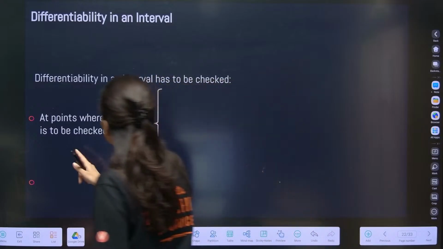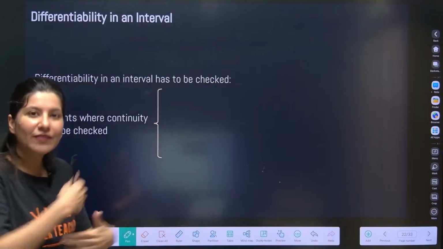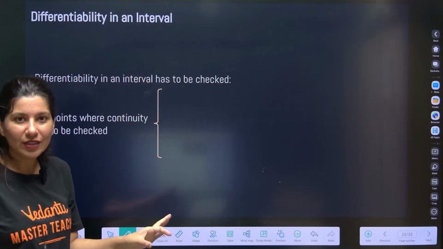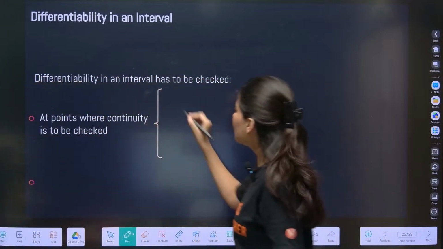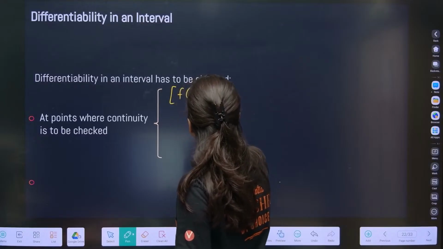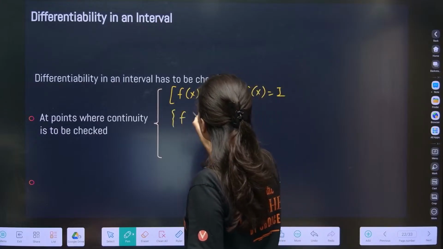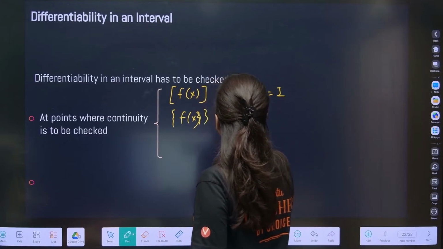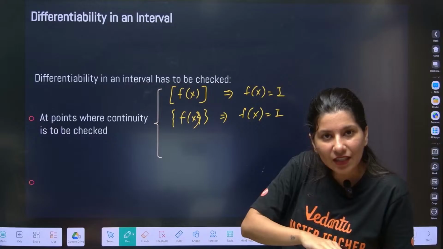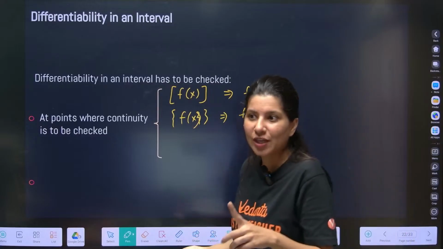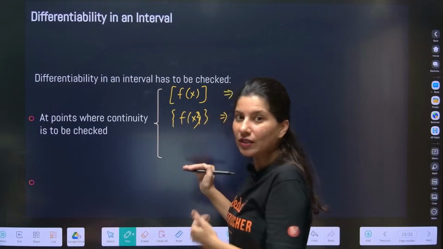So whatever the concept of continuity was there, we were studying when exactly you check the continuity. If GIF of fx is given, you check where fx is becoming an integer. If fractional part of fx is given, you check where fx is again an integer. Doubtful points of continuity are the same as doubtful points of differentiability, plus one more additional thing I am going to tell you, but right now let me just list all the continuity ones.